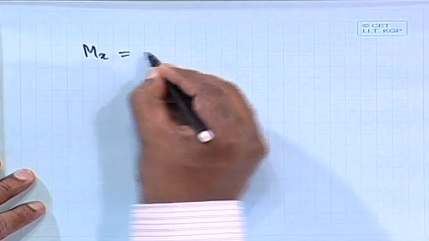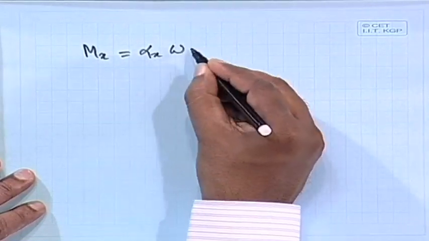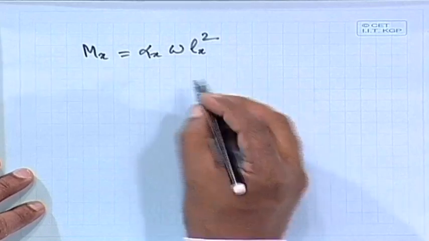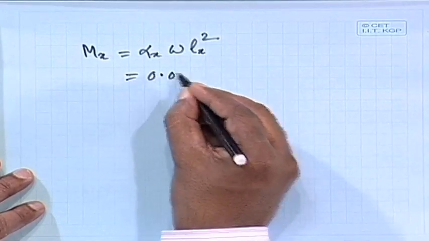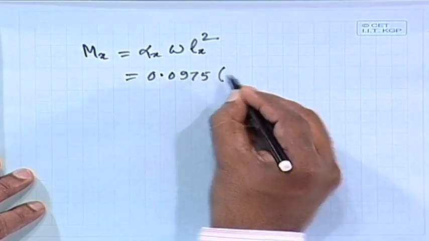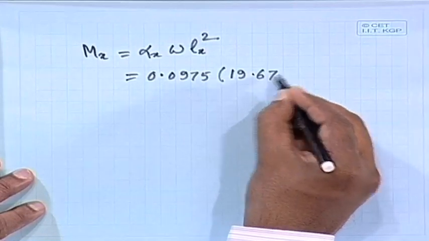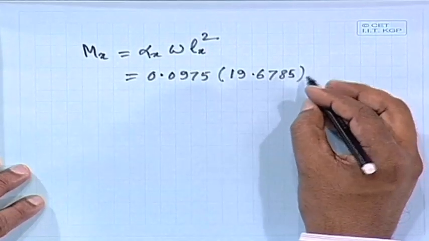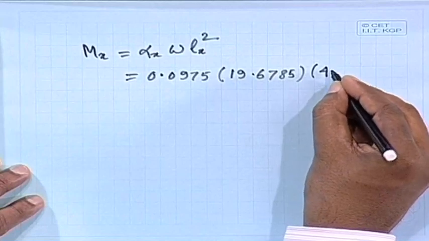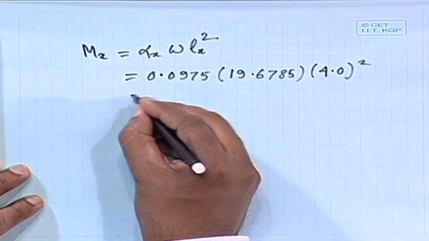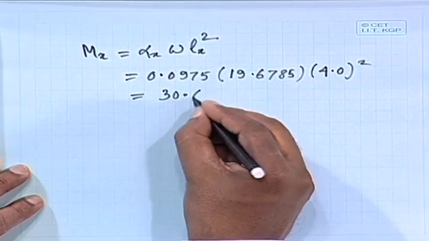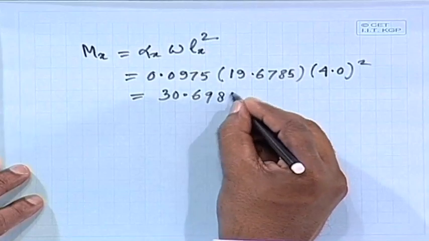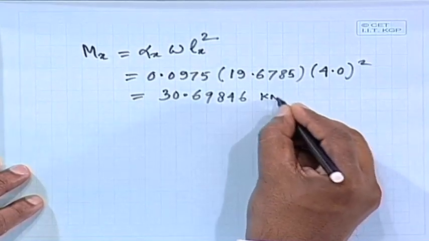So, what is the value of Mx? Mx equals alpha x w Lx square, equals 0.0975 times 19.6785 times 4 square, equals 30.69846 kilonewton meter.